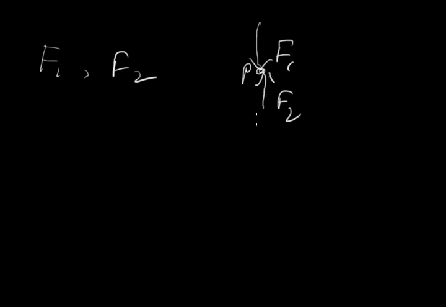Say you are pushing a person in a swing from the backside, and with the same force, your friend is pushing the person from the opposite side. Then the person will not move in the swing. This is the state of equilibrium.